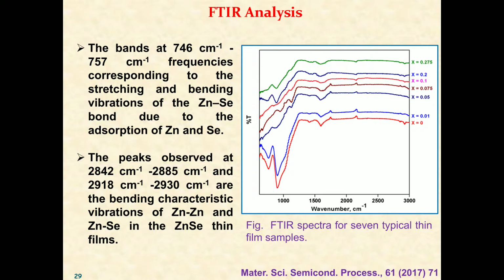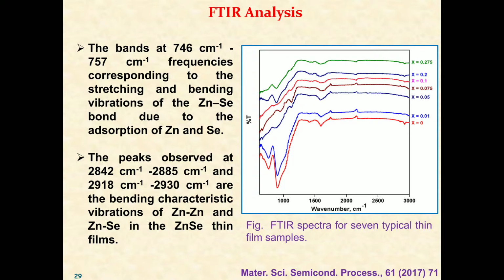The peaks observed at 2842 cm^-1 to 2885 cm^-1 and 2918 cm^-1 to 2930 cm^-1 are the bending vibrations of Zn and ZnSe in the ZnSe thin films.